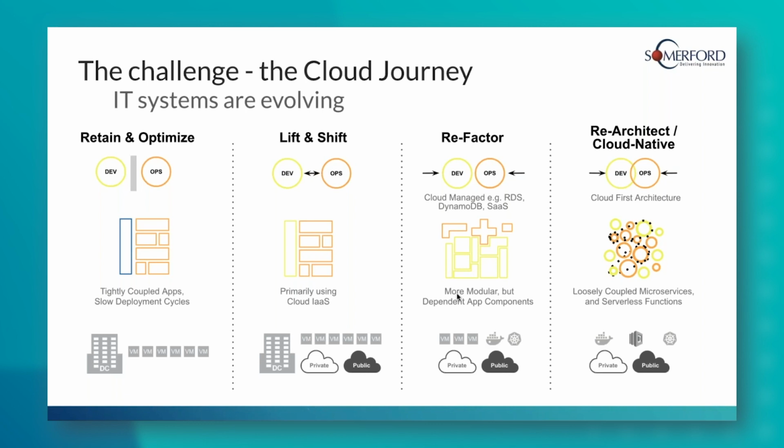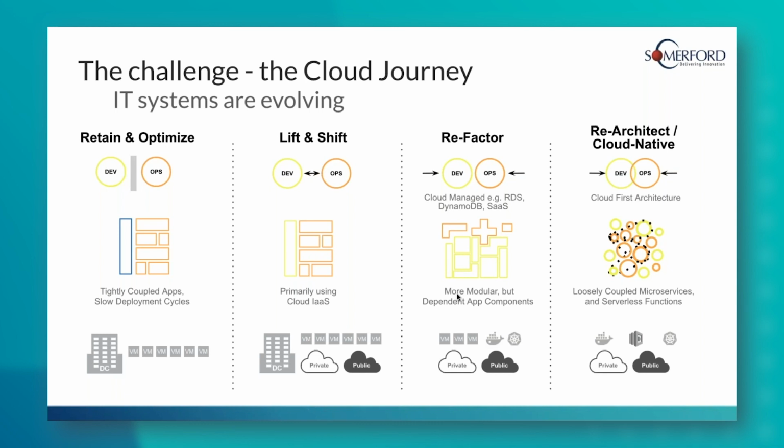Starting on the left, we have primarily on-prem solutions, mostly monolithic, very structured, with tight coupling between infrastructure and applications, slower development cycles, generally speaking, a less dynamic environment than as we move to the right.